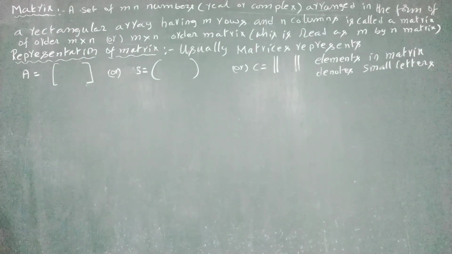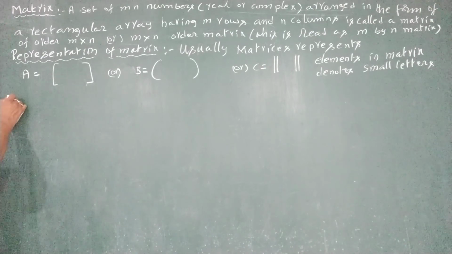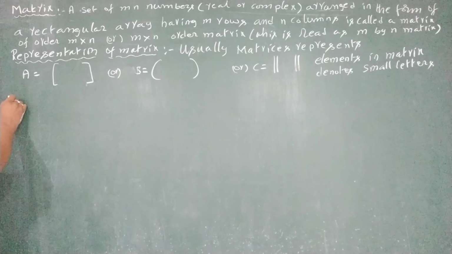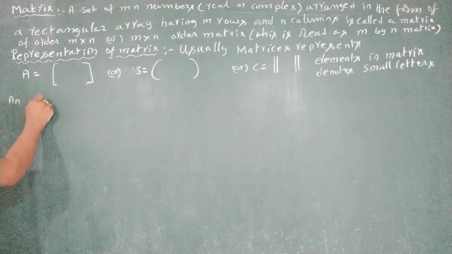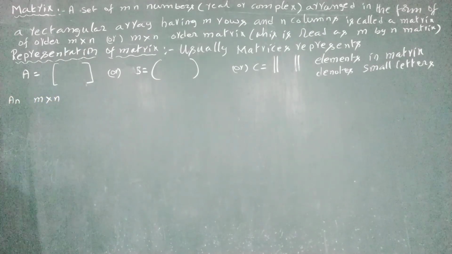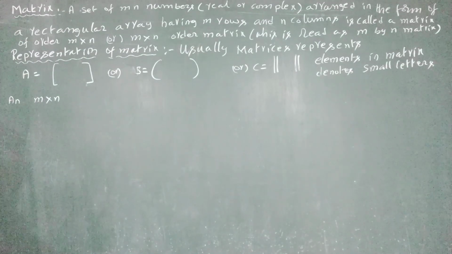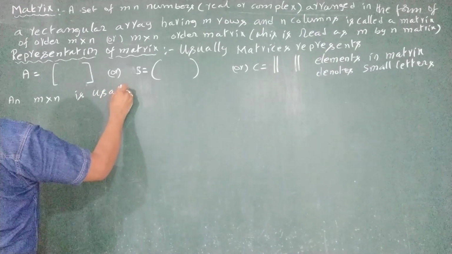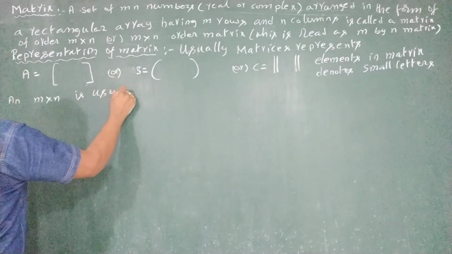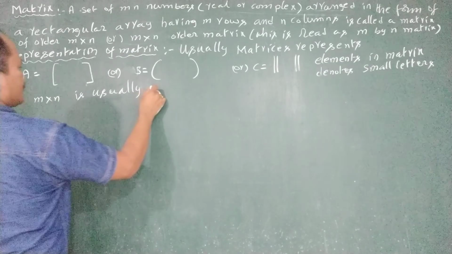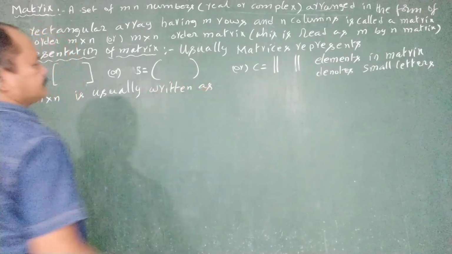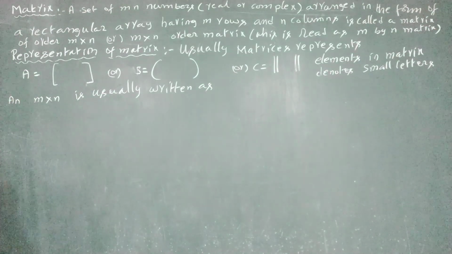Now, an example. An m by n matrix is usually written as shown here.